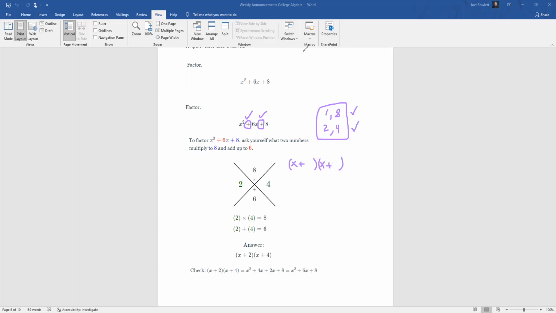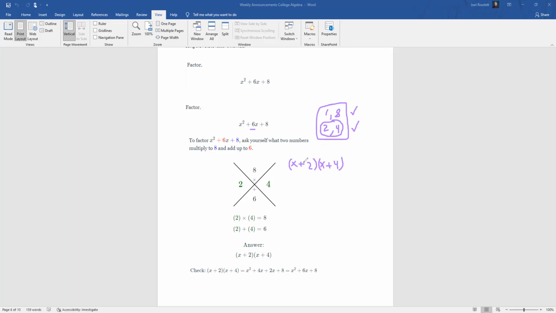But the question now is, which set will not only multiply together to give me 8, but also add together to give me positive 6? Well, there's no way I can combine an 8 and a 1 using addition and come up with 6. But I do know that 2 plus 4 is 6. Therefore, I have the factors 2 and 4.